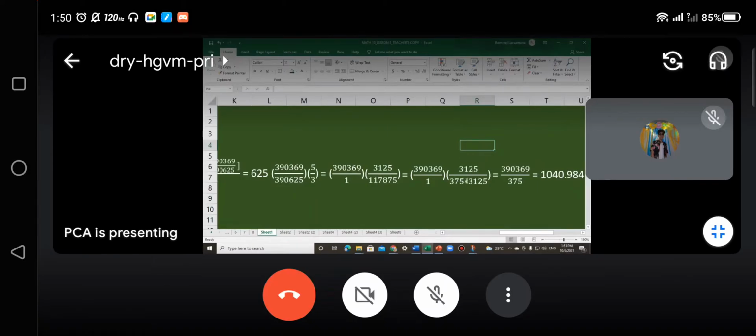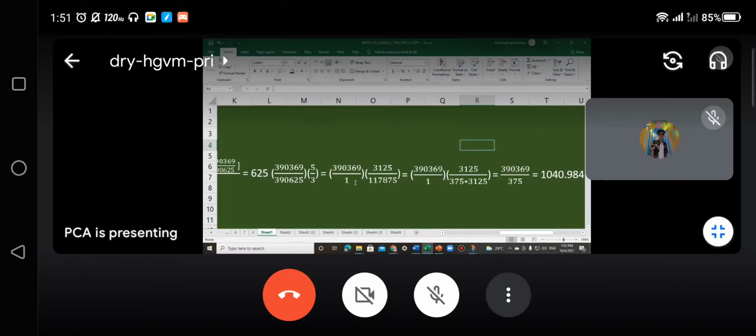So 375 times 3125 gives you this one. So the factors of 11875 related to 3125 is this one. That's why you cancel 3125. Left, it's 1 times 375. And then 390 and 369, this is still preserved. Did you get it?